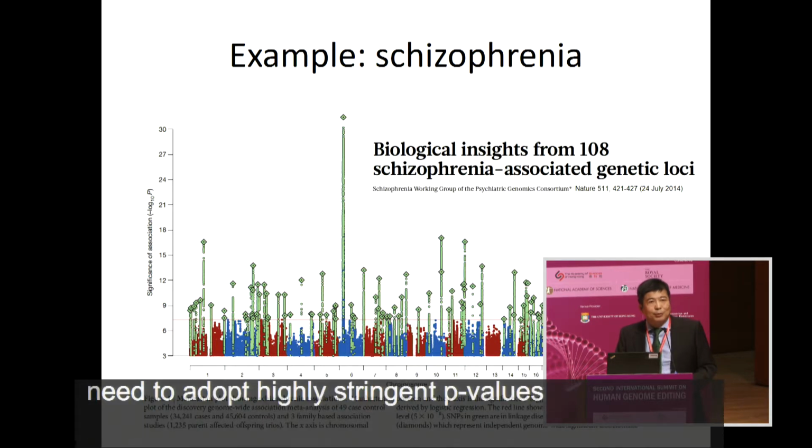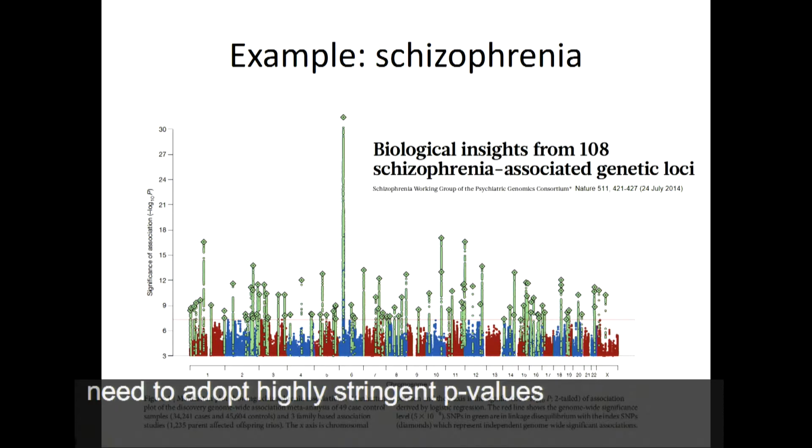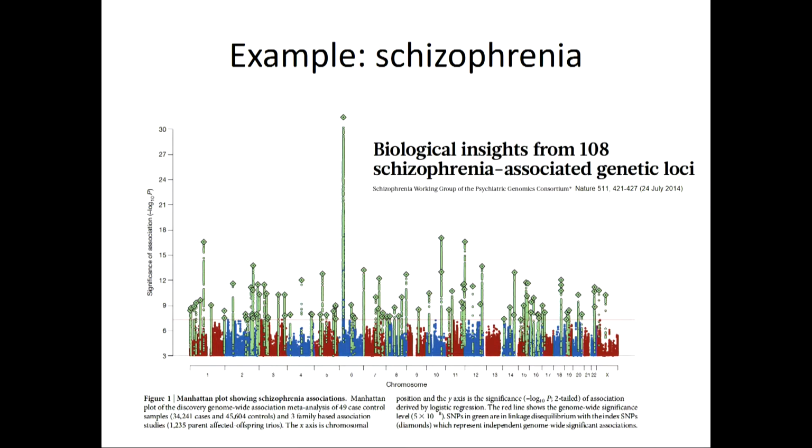An example of a very large genome-wide association study is for schizophrenia. This study was published in 2014 and combined data from, I think, about 50 studies with a total of 35,000 patients and almost 50,000 controls.